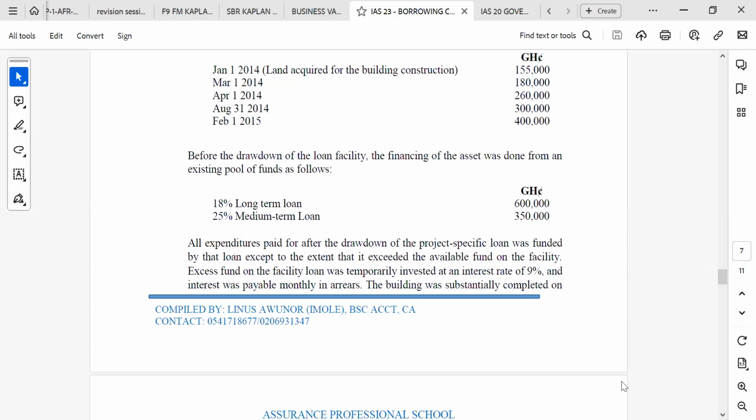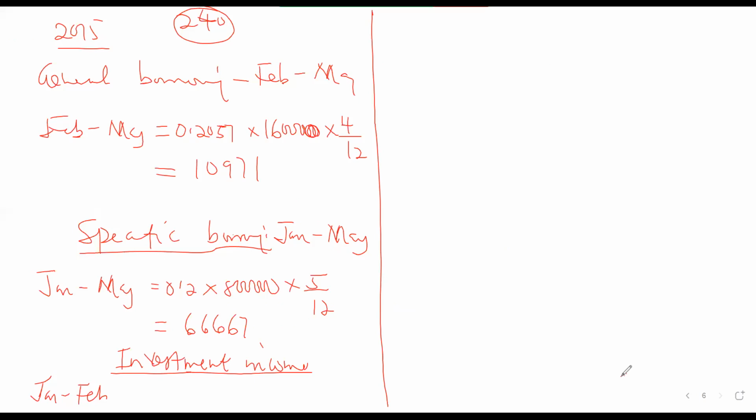So it means that the money is still in the account from the beginning of the year to February. So this will be invested for just a month. So we look at January to February. That will give us 0.09 times 240,000 times 1/12. What are we getting?